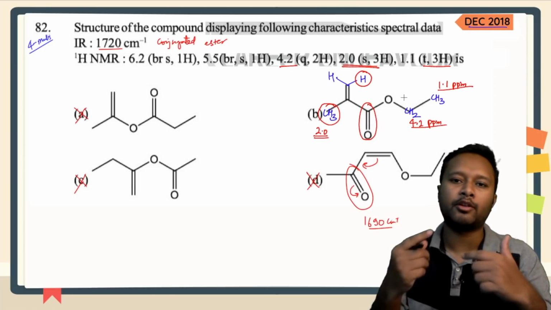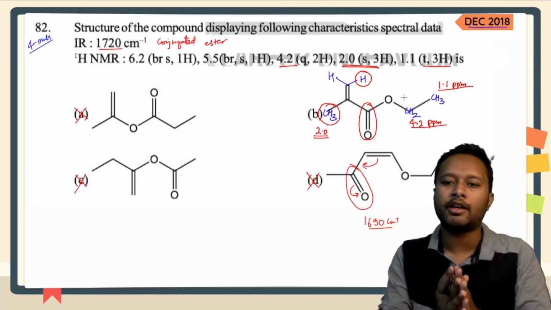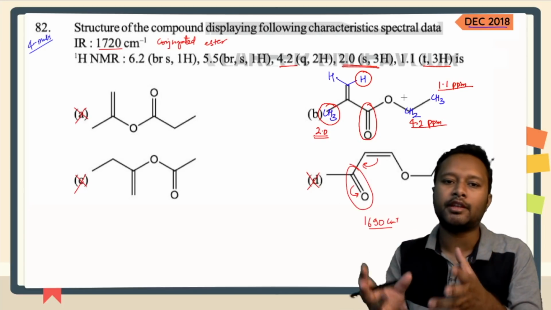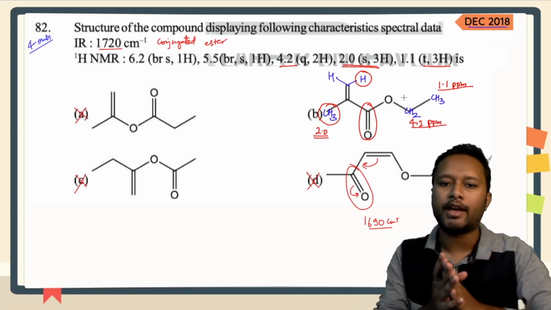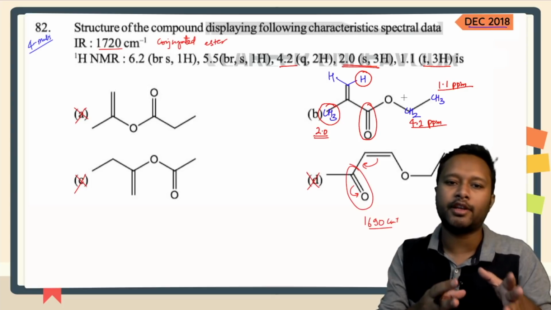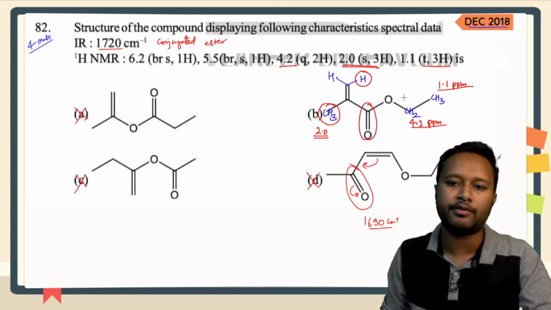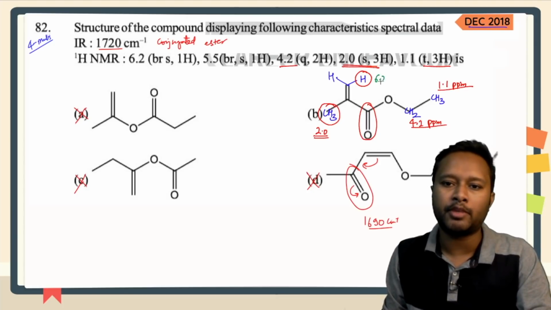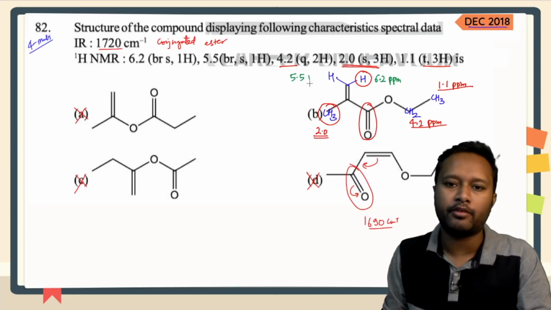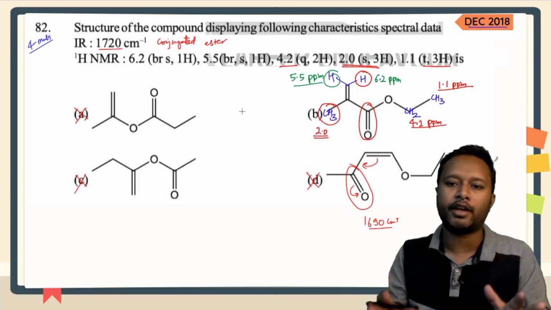The carbonyl group will have a ring current around it, and this hydrogen comes in that ring current. That is going to make this hydrogen a little deshielded, and that's why you get a little downfield value of the chemical shift for this. So this is going to give you a peak at 6.2 ppm, whereas this one is going to give you a peak at 5.5 ppm.